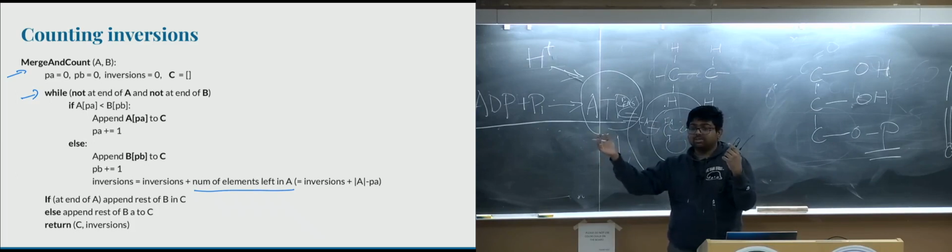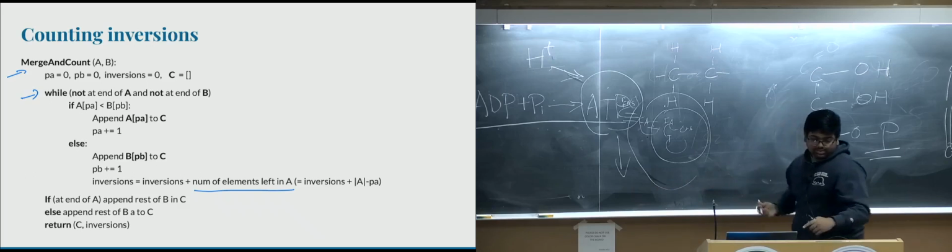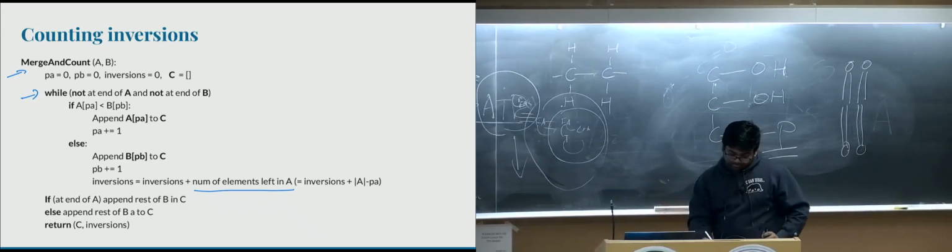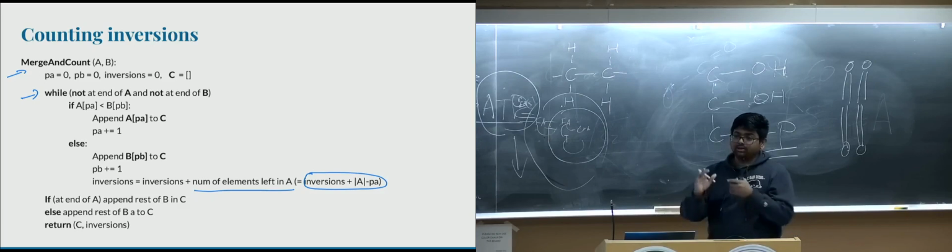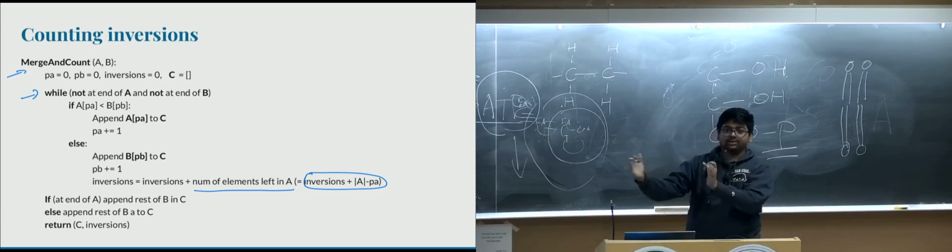So that means everything on the right side is basically a pair which satisfies the condition that we are interested in. Does that make sense? So we are just adding that number up. The underlined thing here is nothing but this thing here, that is, the size of A minus the current index. That will give us the remaining elements in A.